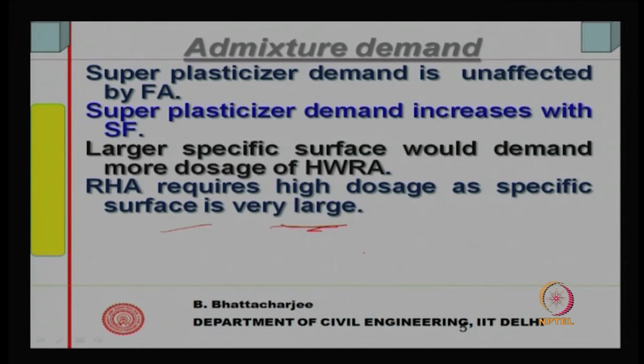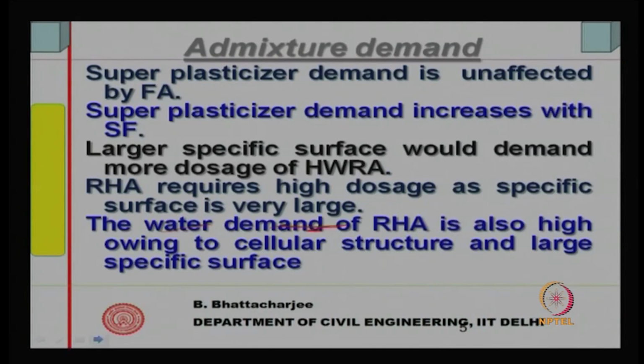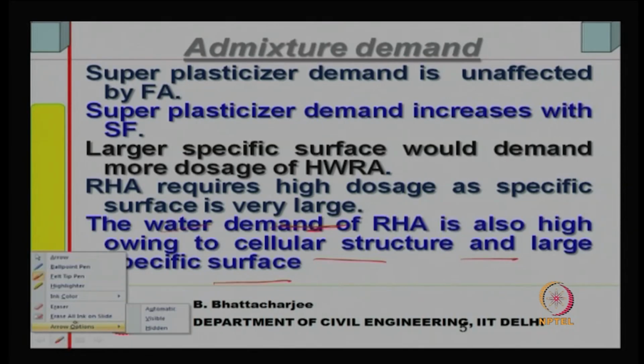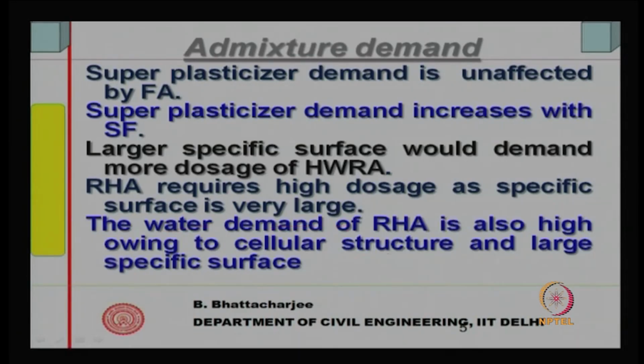So, the optimal superplasticizer dosage is usually high in rice husk ash, and that is usually a deterrent in some cases. The water demand is also high, mainly because of their cellular structure and large specific surface. To read it again, the water demand of rice husk ash is also high owing to cellular structure and large specific surface.